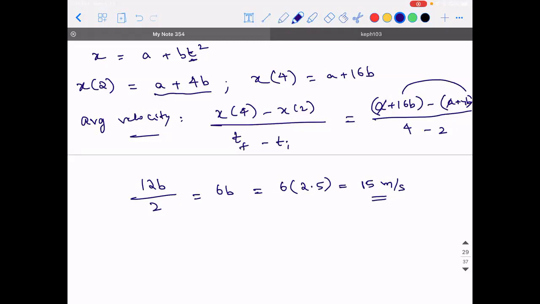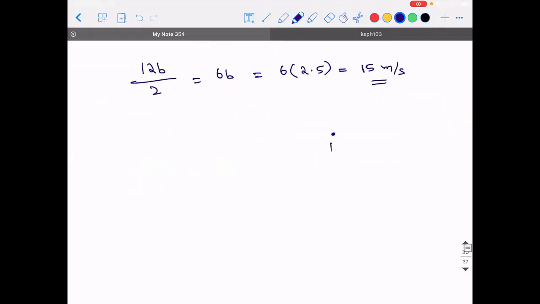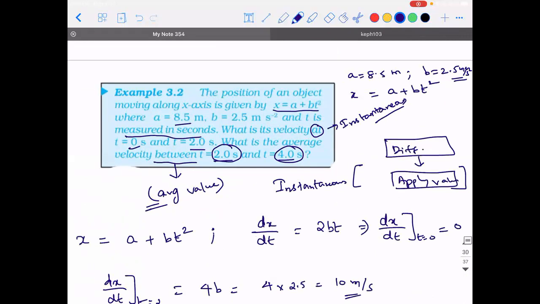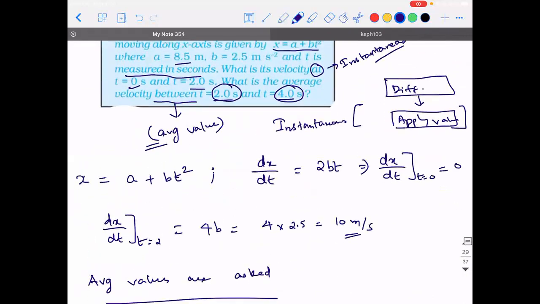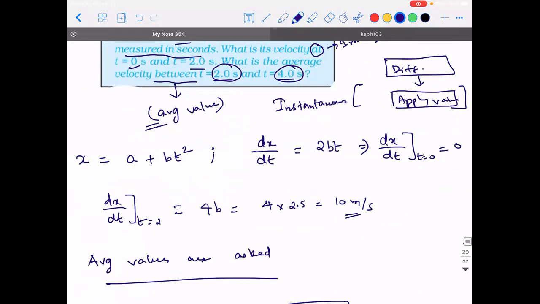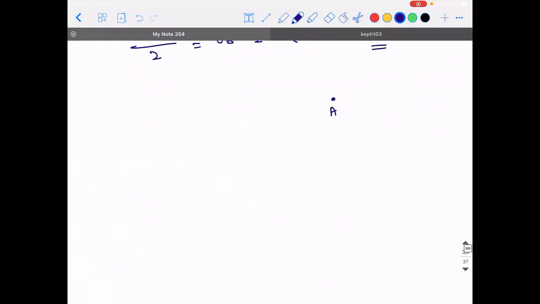What you're finding is instantaneous value, you're only defining the velocity of the object at that instant. For example, how much instantaneous velocity did you get at t equal to 2 seconds? 20.